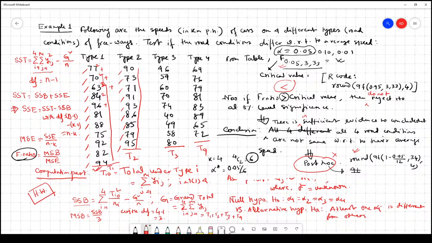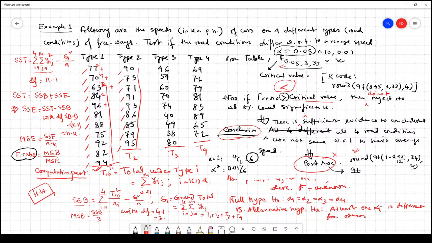Yes, okay. So if the F ratio is less than the critical value, in that case we do not reject H naught at 5% level of significance. So your conclusion should be, there is insufficient evidence to conclude that all 4 load conditions are not same with respect to their average.